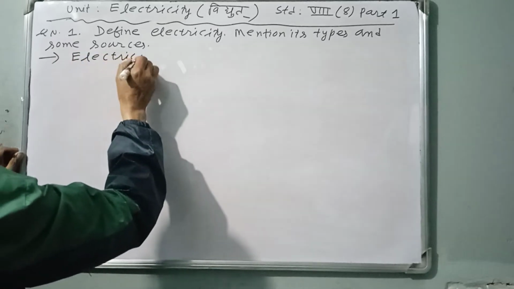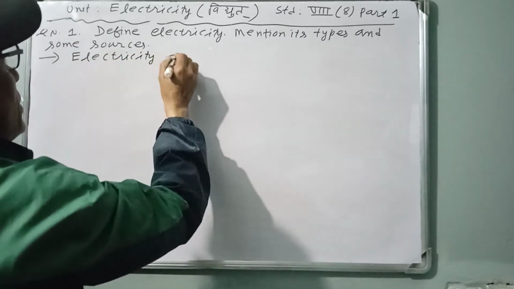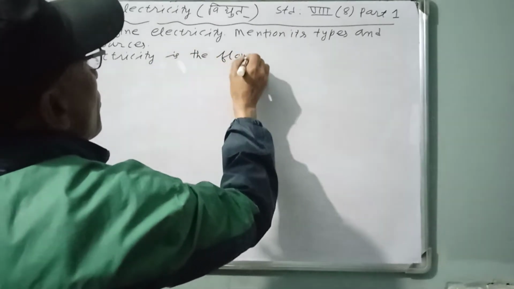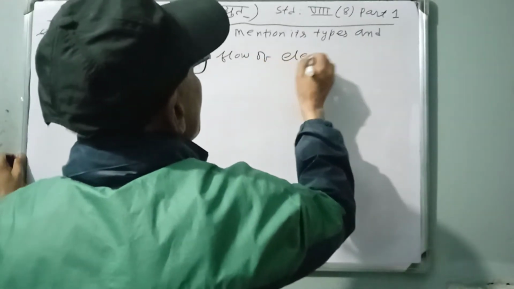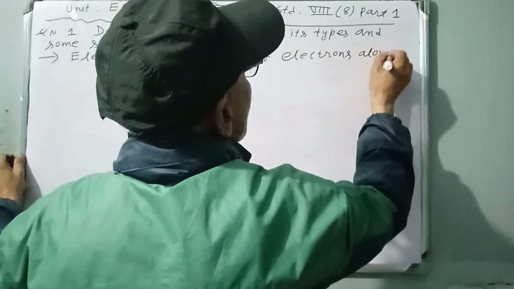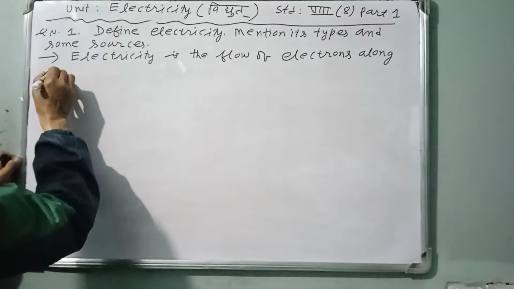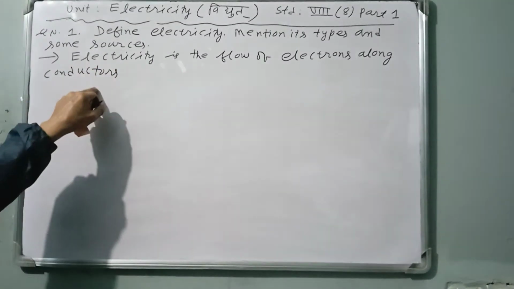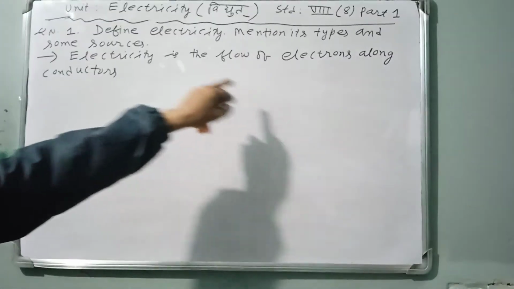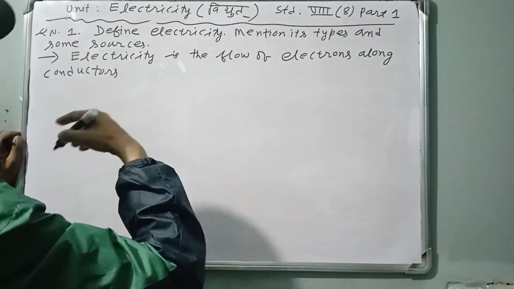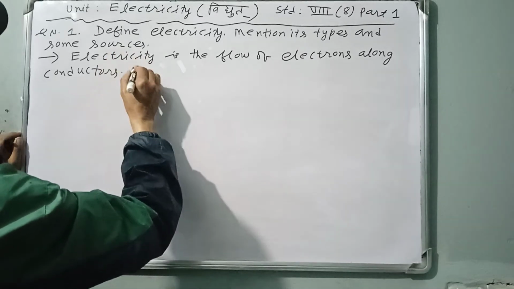Number 1, electricity. Electricity is the flow of electrons along conductors, substances through which heat and electricity can pass. Electricity is the flow of electrons along good conductors.